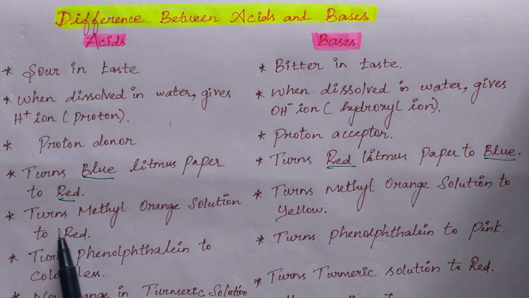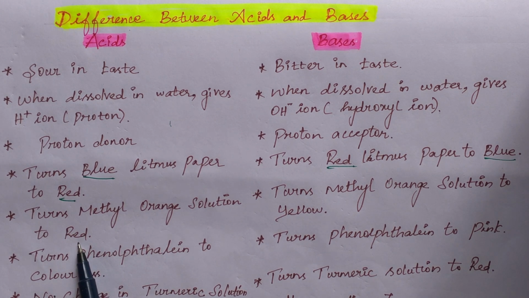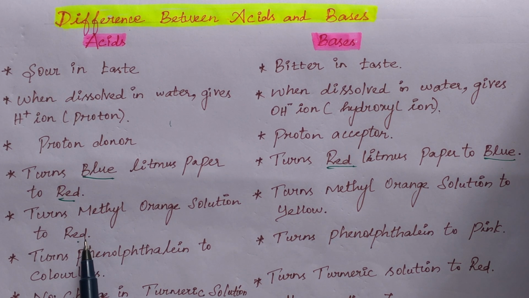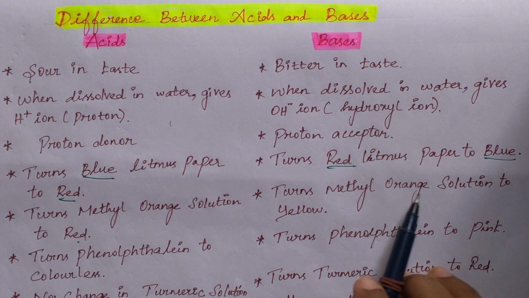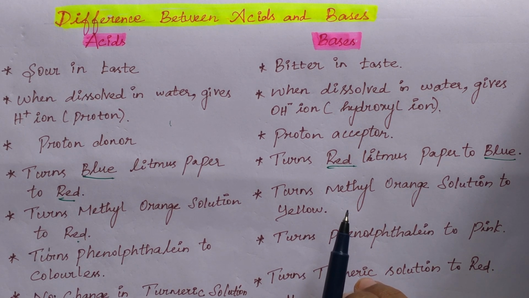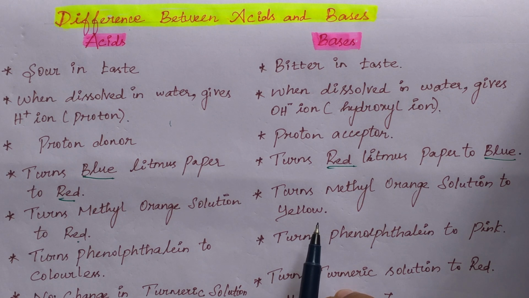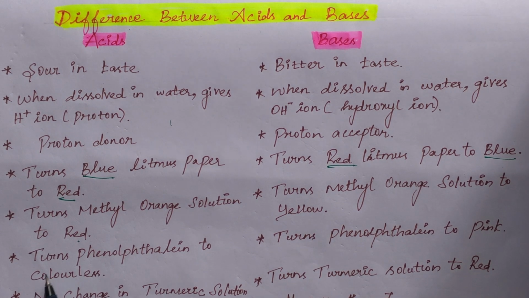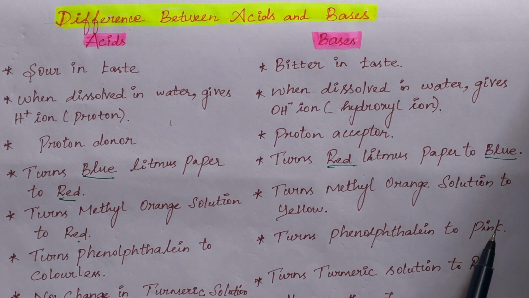Next, acids turn methyl orange solution to red. Mostly acids show red color at the end of the product. But bases turn methyl orange solution to yellow; that is no change, as methyl orange is usually a yellow solution. Next, acids turn phenolphthalein to colorless. When phenolphthalein is added to an acidic solution, it stays colorless, but it turns to pink color in a basic medium.